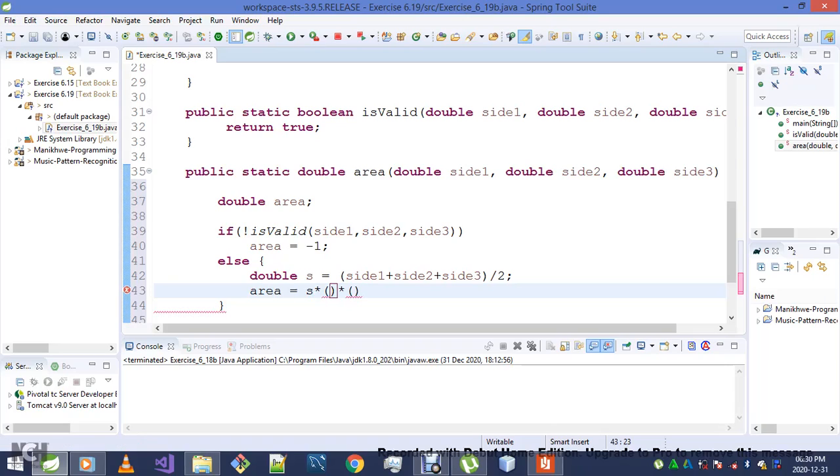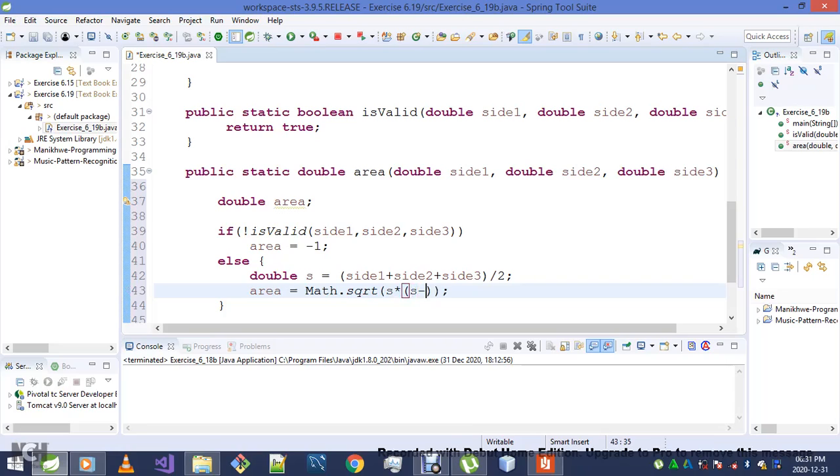So it's actually the square root of Math.sqrt. I told you guys it will get pouring anytime. So I'll simply go s multiplied by s minus side 1. Am I right?